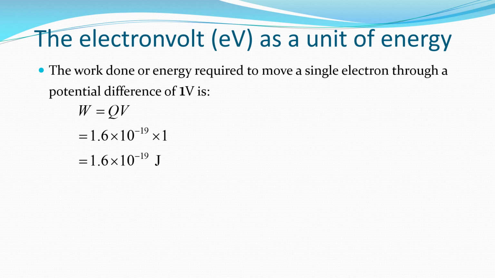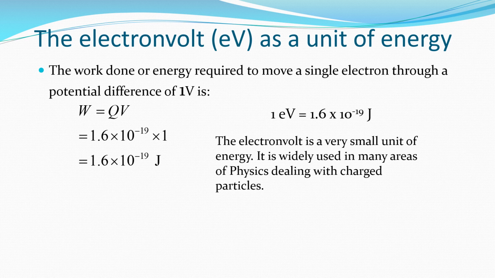So this is a really useful thing for us to use when we're dealing with energies of charges because the energies are relatively small. It's like, for example, using a light year for a measurement of astronomical distance. The electron volt is a very small unit of energy and is widely used in many areas of physics dealing with charged particles.